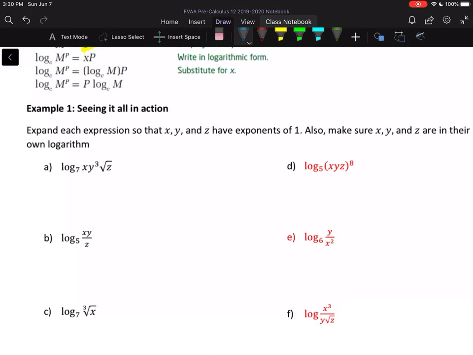Expand each expression so that x, y, and z have exponents of 1, and also make sure x, y, and z are in their own logarithms. Here we need to split these up.